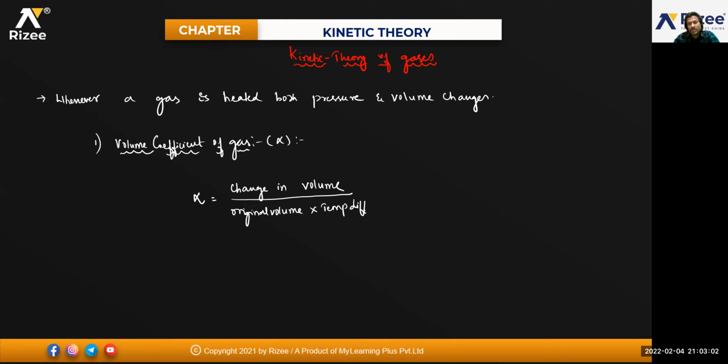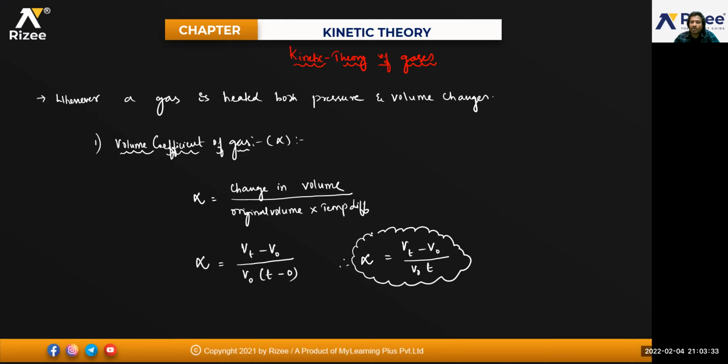That is, alpha equals volume at T degree centigrade minus volume at 0 degree centigrade, divided by volume at 0 degree centigrade into T. So alpha equals Vt minus V naught divided by V naught into T. Vt is the volume at T degree centigrade, V naught is the volume at 0 degree centigrade, and T is the temperature in degree centigrade. That is the first formula you need to remember in this one.